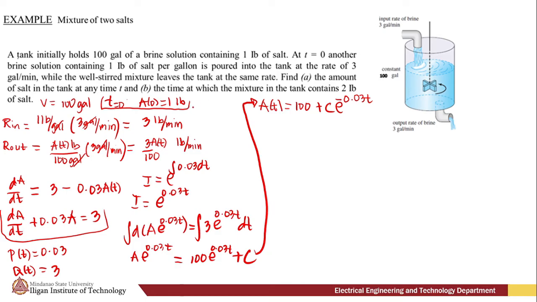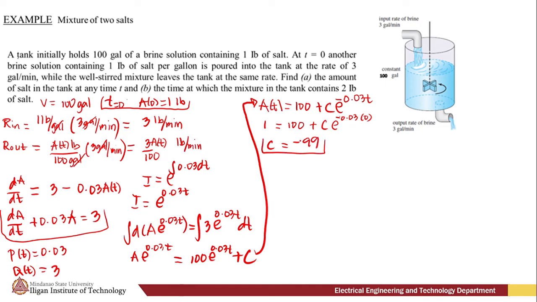Now, to solve for the arbitrary constant C, we are going to apply this initial condition. At t equals 0, the amount of the substance present in the mixture is 1 pound of salt. So we have 1 equals 100 plus C e raised to negative 0.03 times 0. Solving for C, we have negative 99.